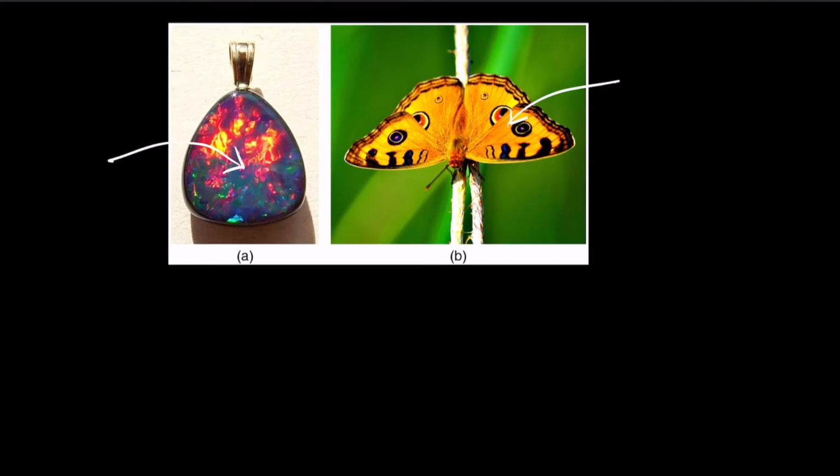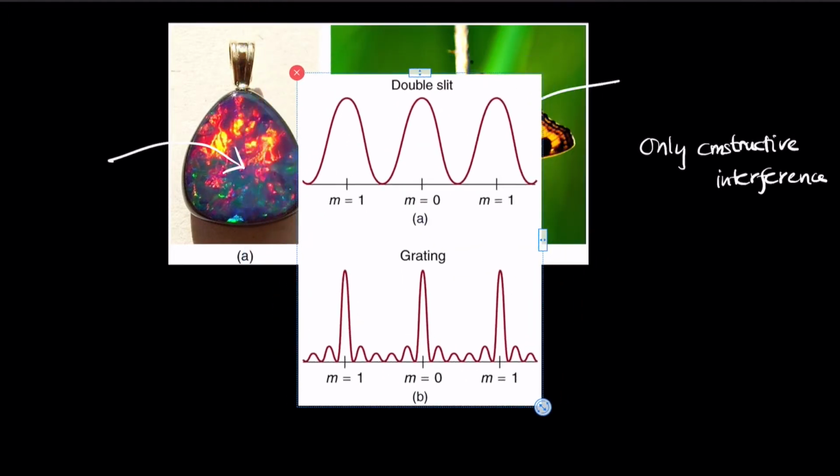When you look through a microscope, you can actually see them. So why is it that only constructive interference is seen? Remember that it's only constructive interference that you see in light, due to a specific phenomenon of gratings and what they do to light.